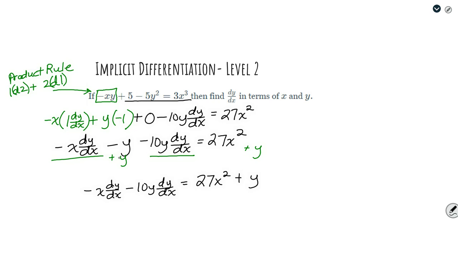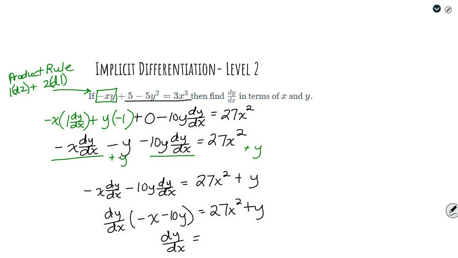Then if I factor out the dy/dx, I'll have negative x minus 10y equals the 27x squared plus y. Solving for dy/dx, I'll have 27x squared plus y divided by negative x minus 10y. And there's dy/dx.